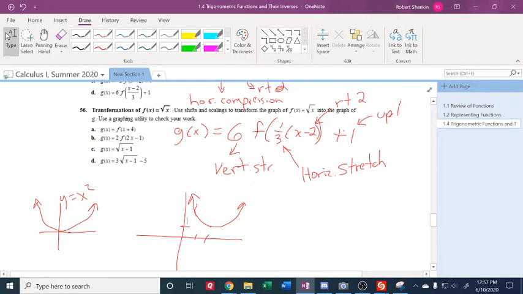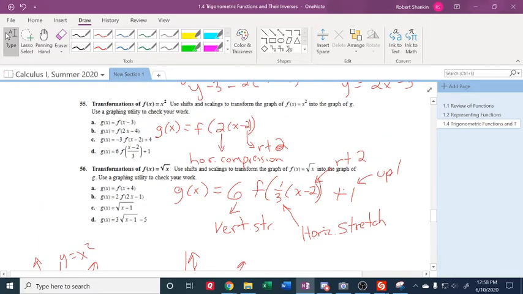If this had been a 3 instead of a 1/3, then it would be horizontally compressing, which would make it even steeper. So both of these would reinforce each other, and you'd have a super skinny parabola. But these were going in opposite directions. They kind of equalized each other out.